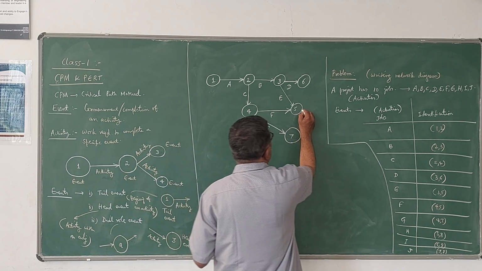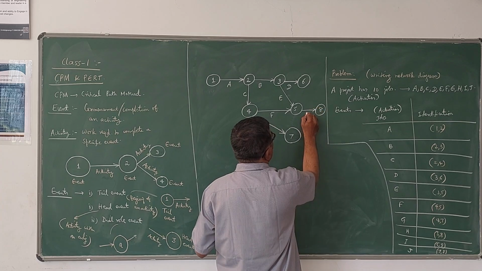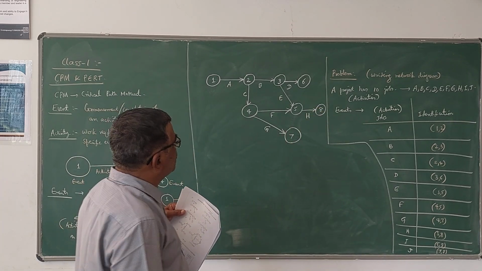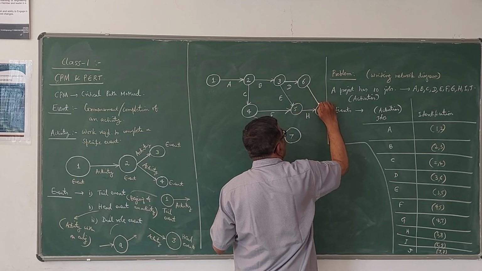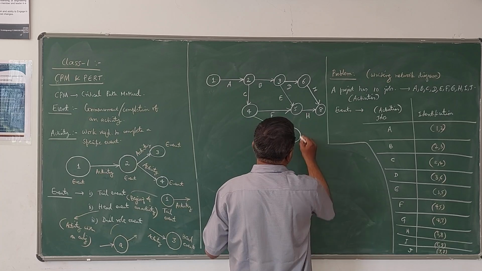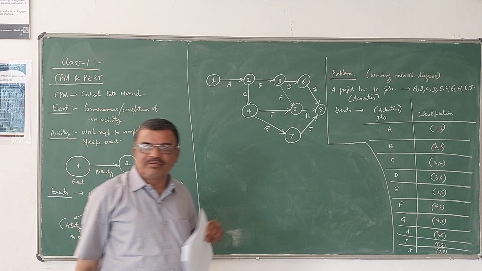One more will come here. This is H. Then 6 to 8, this is I. Then 7 to 8 is J. Like this, and this is the network.